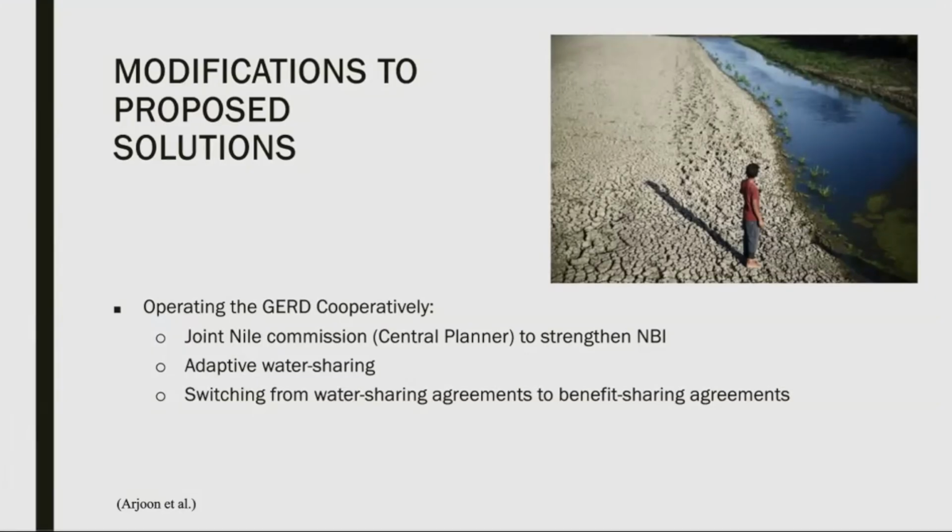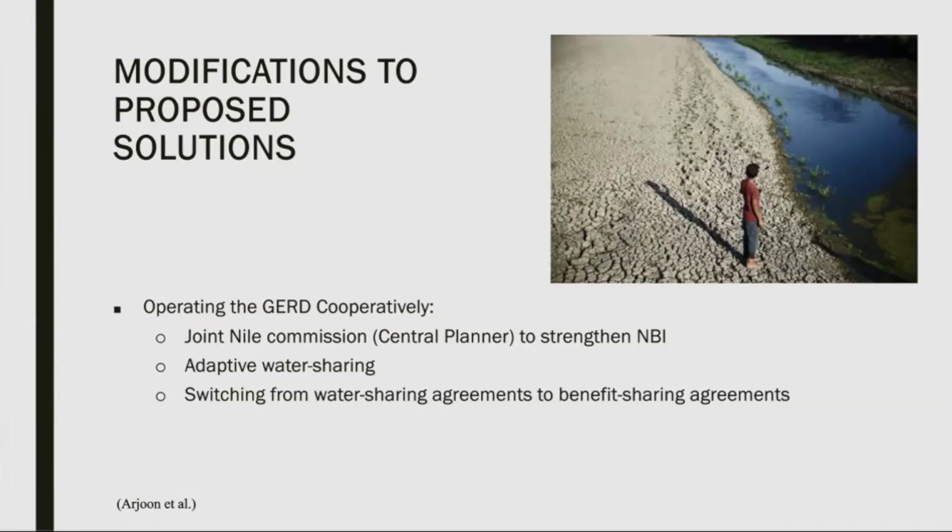Another proposed solution is adaptive water sharing. This ties in where currently Egypt gets 55.5 billion cubic meters of water every year. And it doesn't promote an efficient allocation of water.